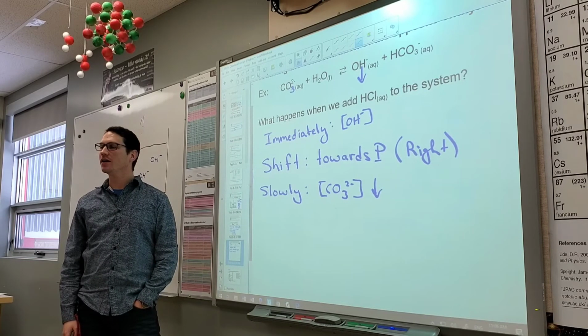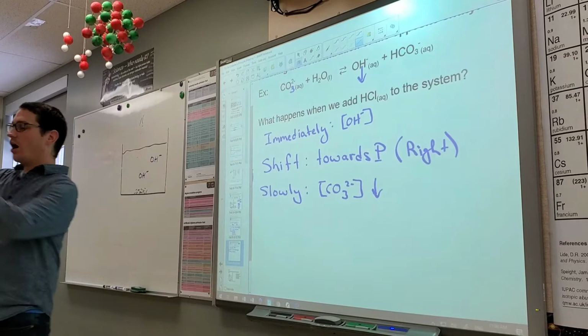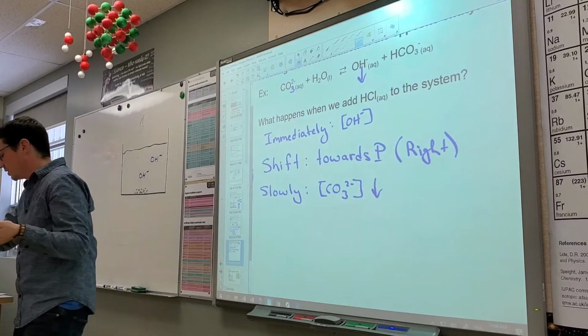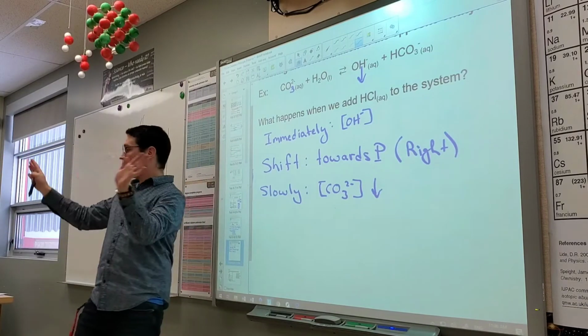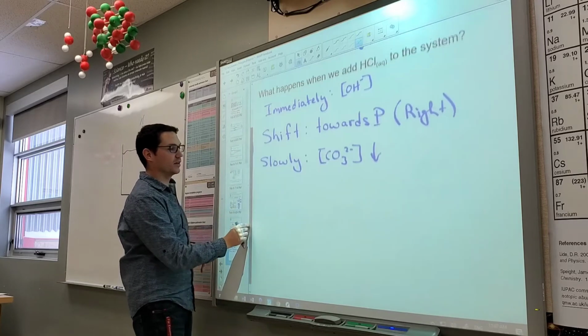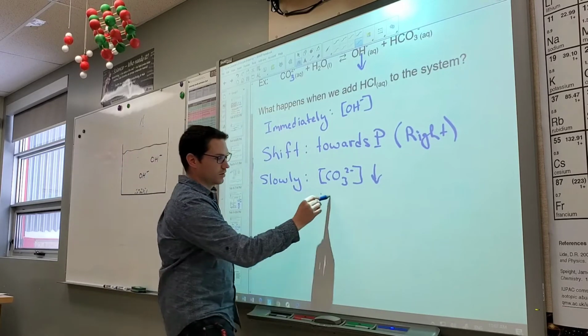It's a liquid in a heterogeneous reaction, right? 99.99999% of this stuff is all water, right? So if we take a little bit of the water away, its concentration doesn't decrease because it's all water, basically. So water we're not going to talk about. Is that okay? We're not going to talk about water because it doesn't do anything. So slowly the carbonate decreases.